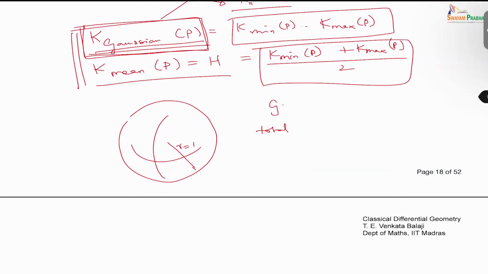So let me say total curvature. Gaussian curvature function k g is equal to 1.